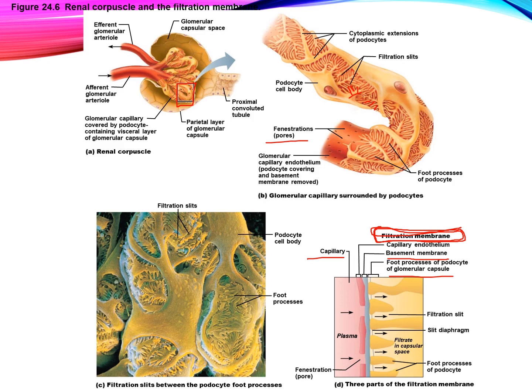And that is what is going to filter all this blood. So essentially the plasma of the blood is going to go through this filtration membrane and out into that glomerular capsule. And this left picture is just a really cool, actual picture of podocytes. You can actually see the little processes, so they're kind of cool.